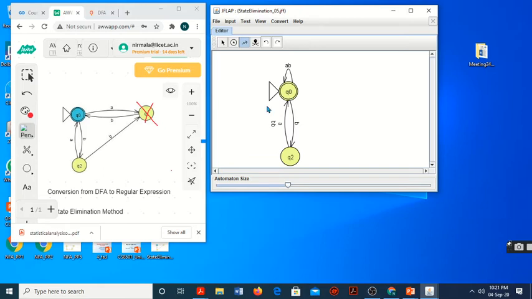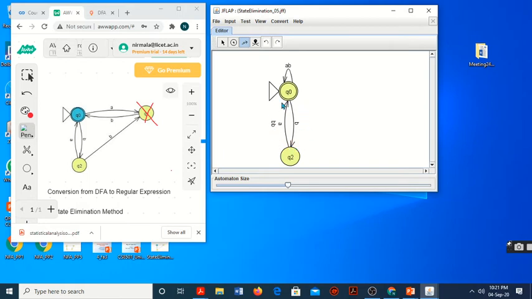Now by eliminating this state Q2, again the loop of B followed by A or BB has to be made as the self loop in state Q0. Therefore, here we have a loop which is formed by B followed by A or B followed by BB.